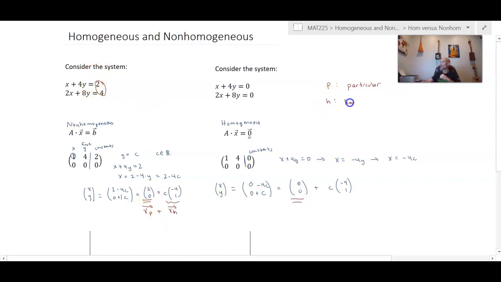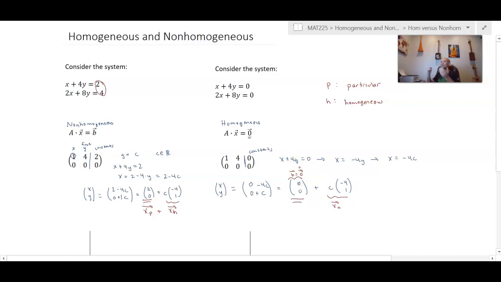H stands for homogeneous. Why does that stand for homogeneous? Because it will be the solution for the homogeneous system of equations where the b vector is the zero vector. So think about this as b is equal to the zero vector. It's a special case of b.